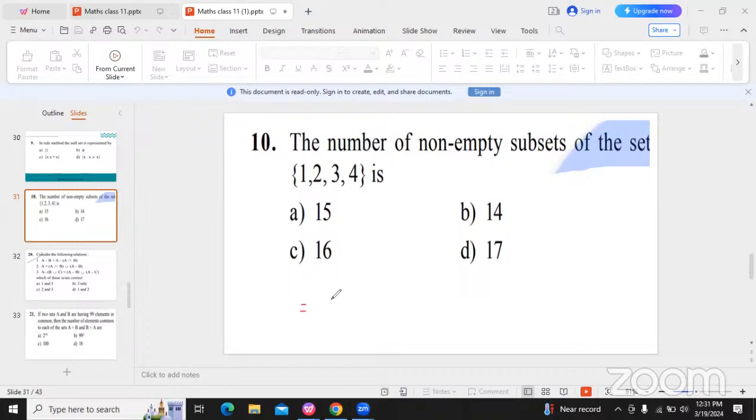So what is the formula? In earlier problems I gave 2 raised to m minus 1. How many elements are there? 4. So 2 raised to 4 is 16, minus 1. That is 15. Many of you have given the quick answer. It's very good. Option A is the correct answer. Next one.